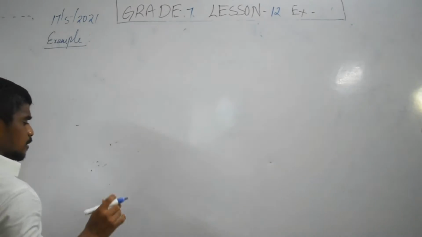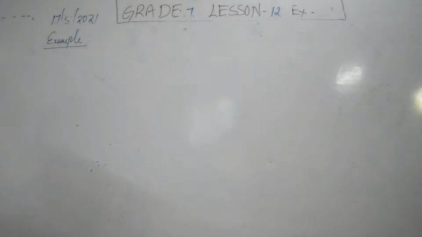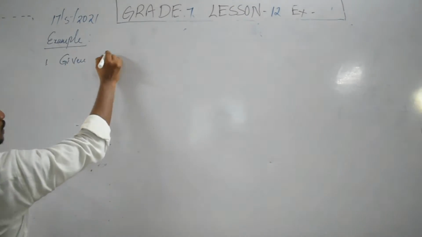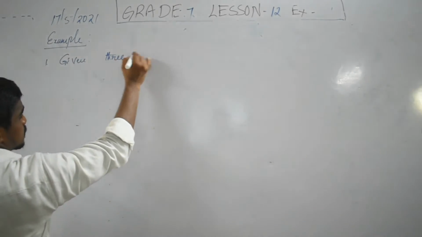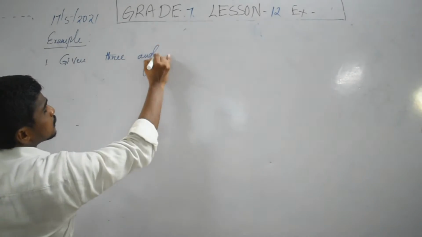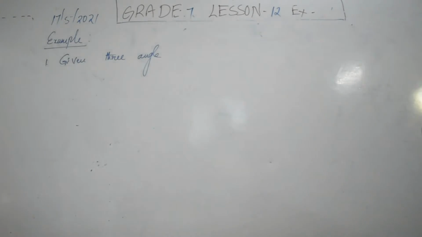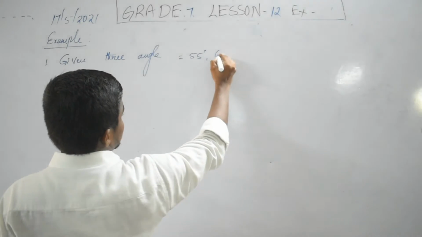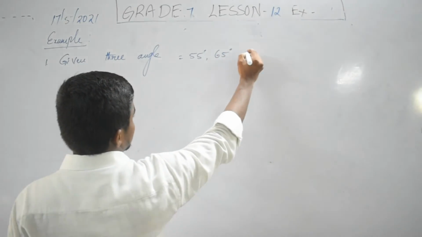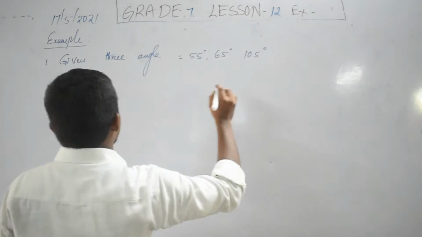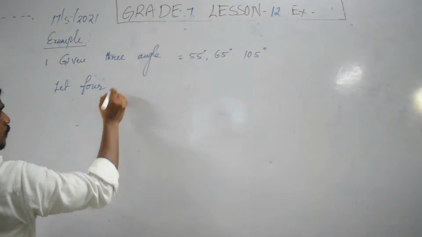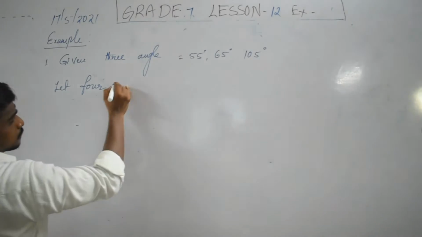In a quadrilateral, the sum of all angles is how many degrees? 360. Here three angles are given: 55 degrees, 65 degrees and 105 degrees. The fourth angle we don't know.